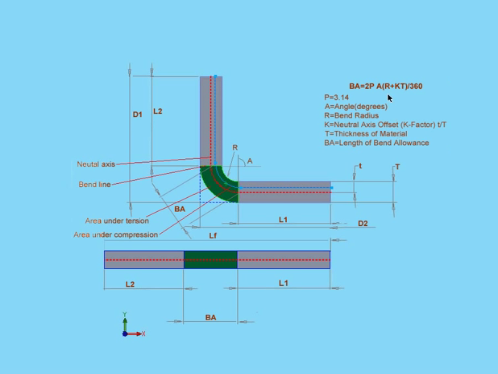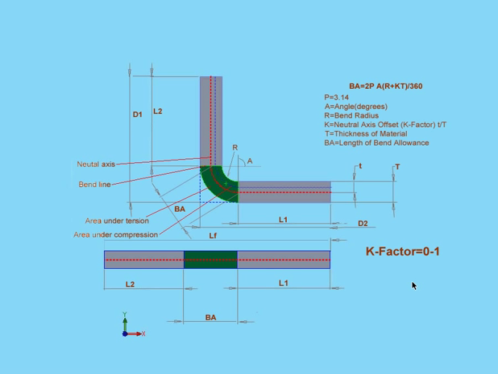In this formula here, the bend allowance equals 2 times pi multiplied by A, that's the angle, multiplied by the sum of R, the bend radius, plus the K factor, multiplied by T, the thickness of the material. And then you divide all of this by 360.